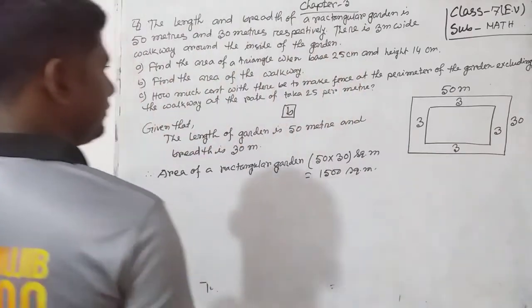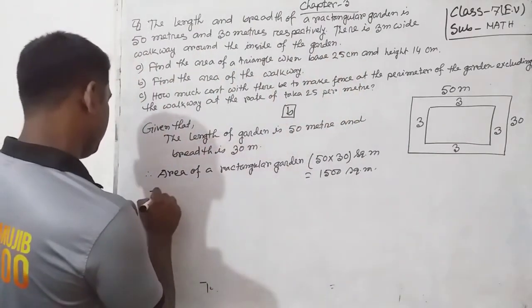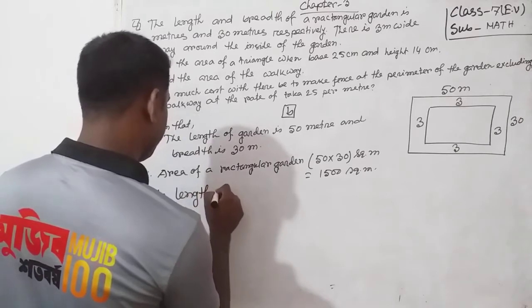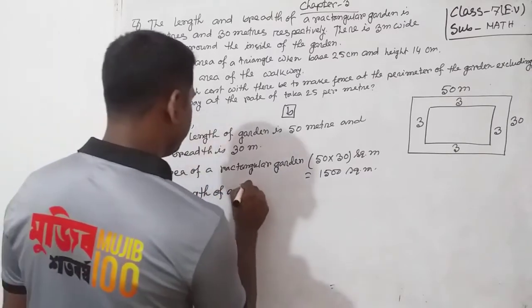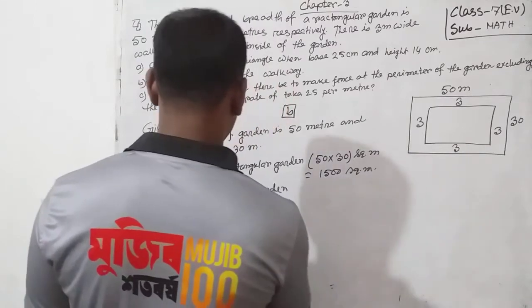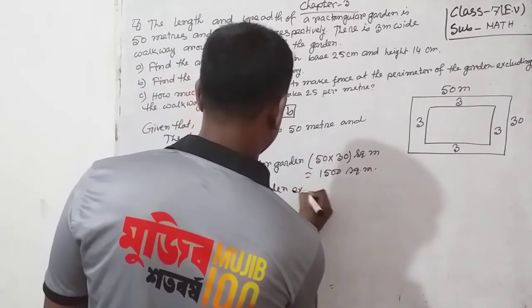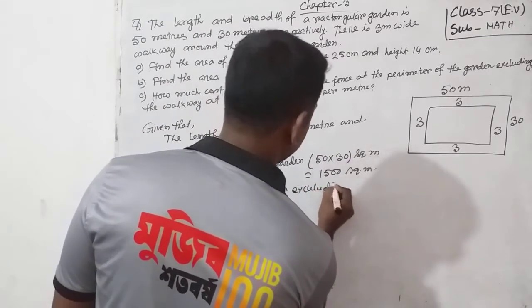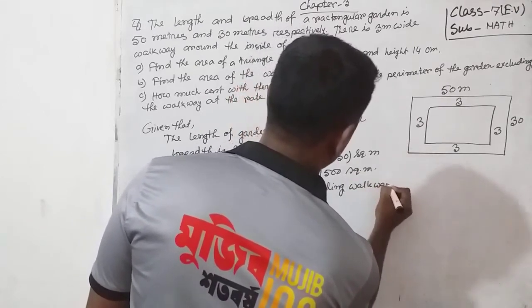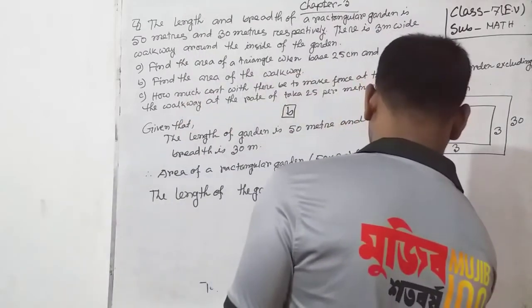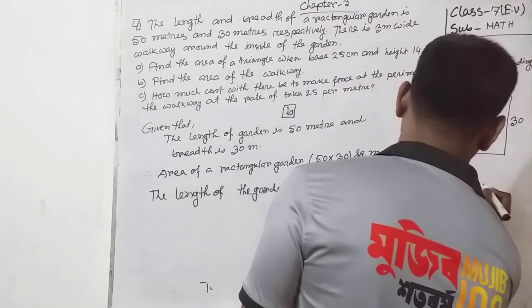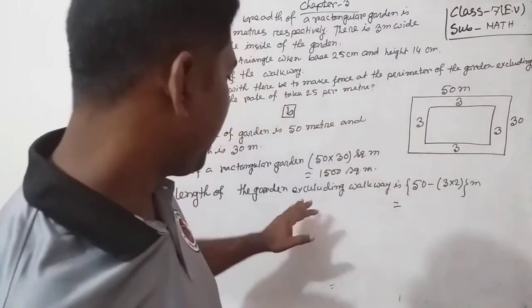The length of the garden excluding walkway is 50 minus 3 into 2 meter. Okay, the length of the garden excluding walkway.